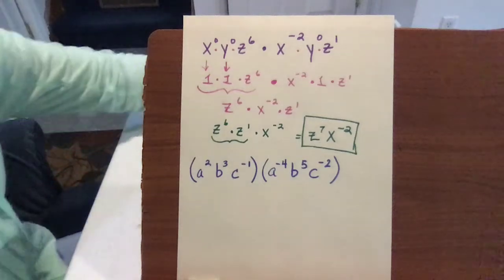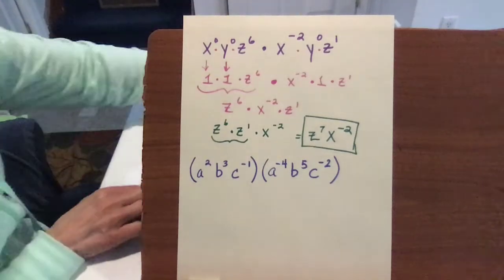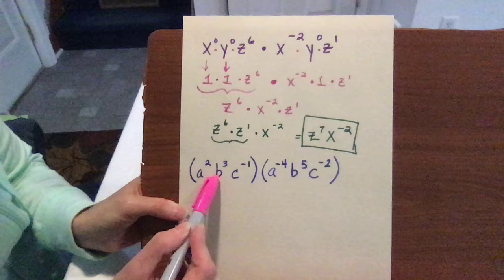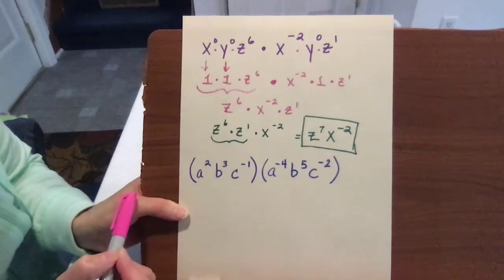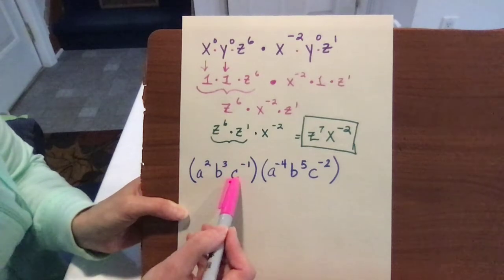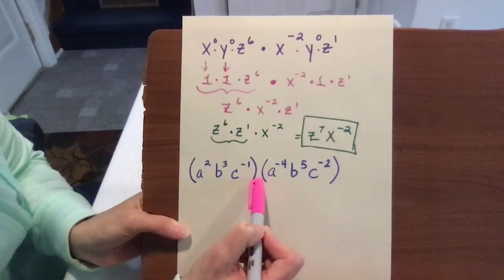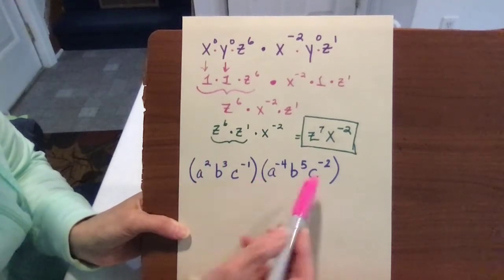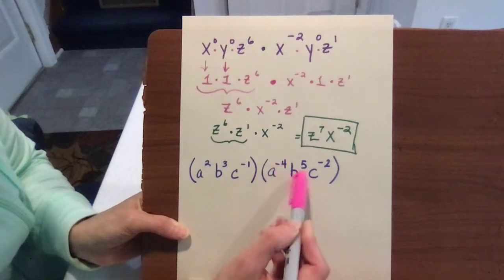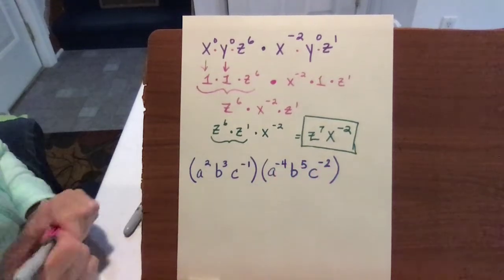All right, our last problem is the quantity of a squared b cubed c to the negative 1st. Notice there's no plus or minus signs in here, but these are bundled together, times, because that's implied here, a to the negative 4th, b to the 5th, and c to the negative 2nd.